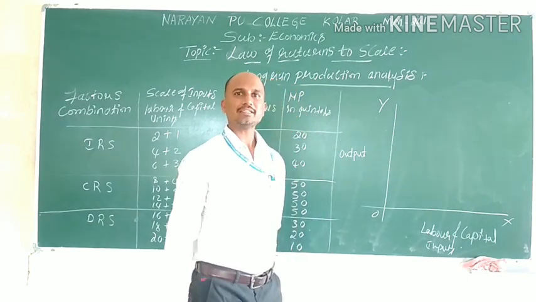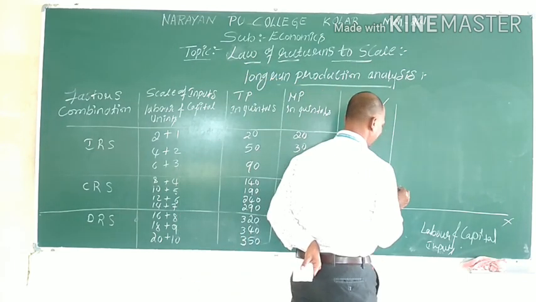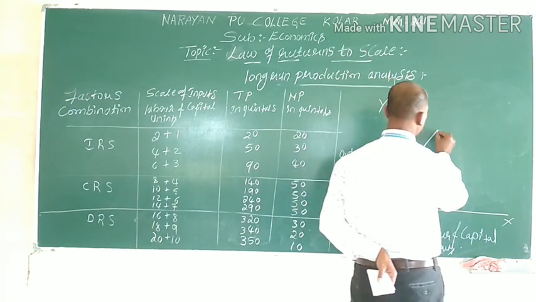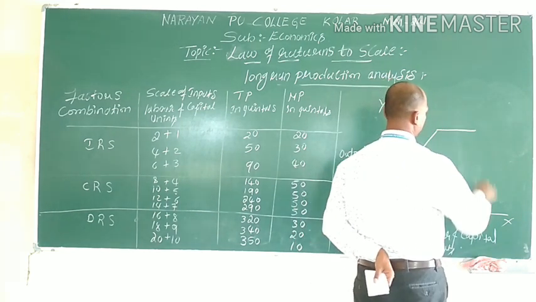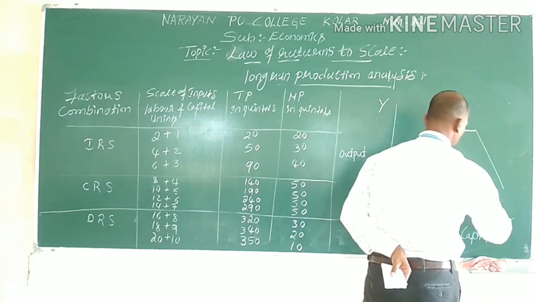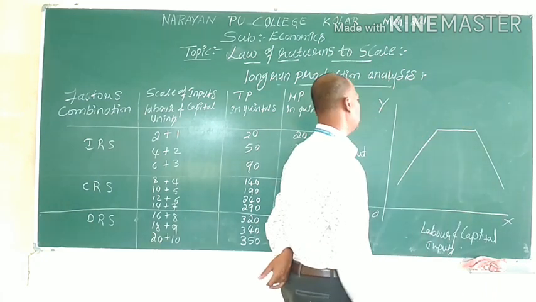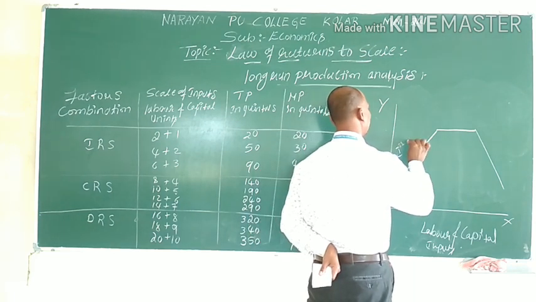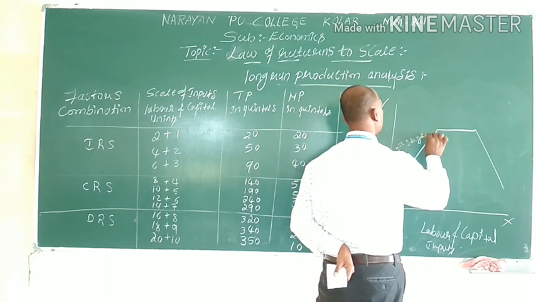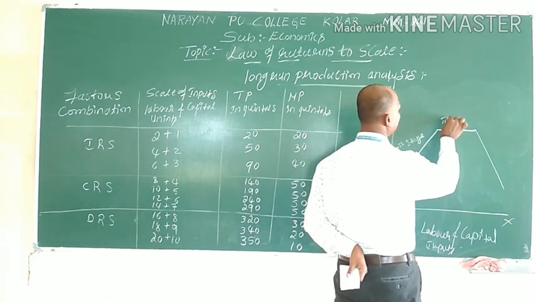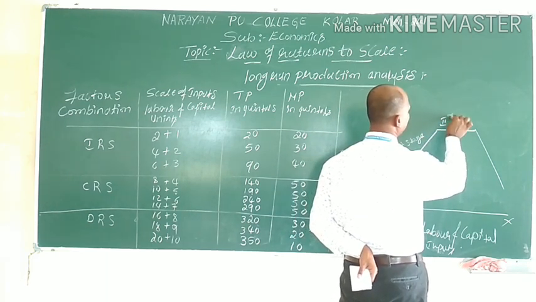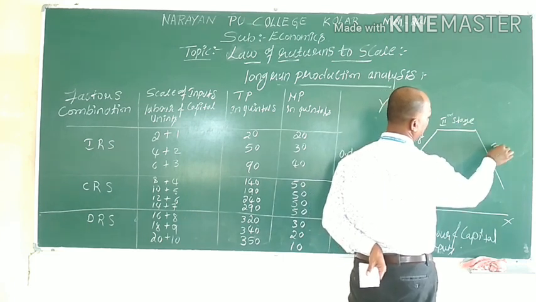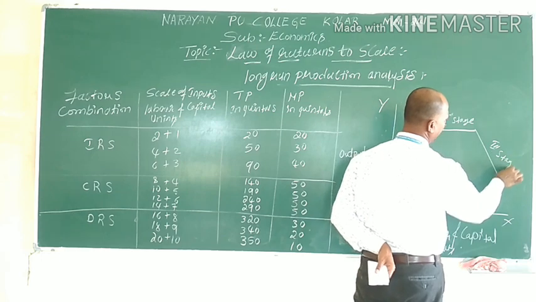First, increasing returns to scale. Constant returns to scale. Finally, diminishing returns to scale. Increasing returns to scale is our first stage, constant returns to scale the second stage, and diminishing returns to scale the third stage.